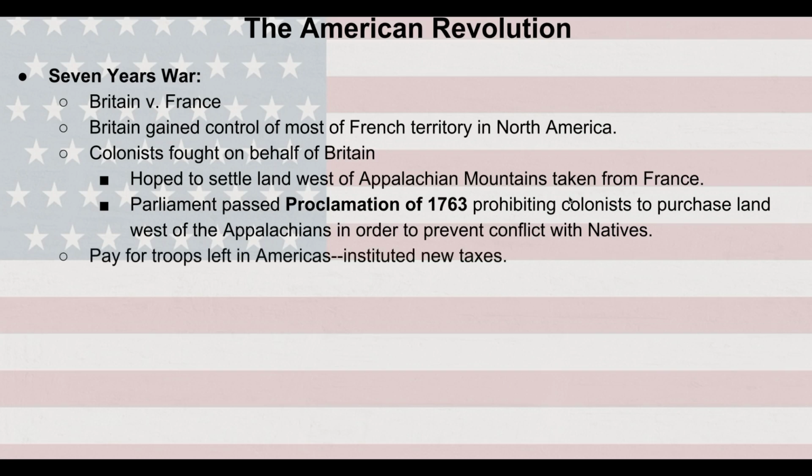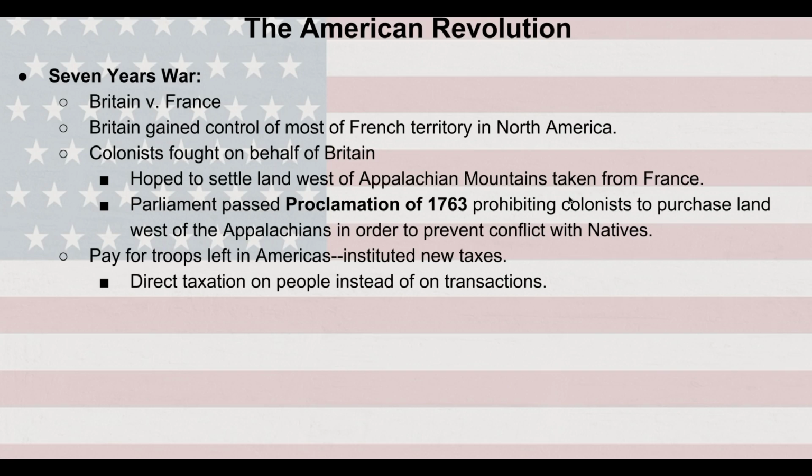And as a matter of fact, the 7 Years' War is going to be extremely expensive to the British, and so they are going to decide that if we're going to leave troops in the Americas to maintain the safety of the American colonists, or the British colonists, then we're going to have to find a method of paying for this. And so they're going to institute some new taxes. And so for the first time, we're going to see what is known as direct taxation on the people.